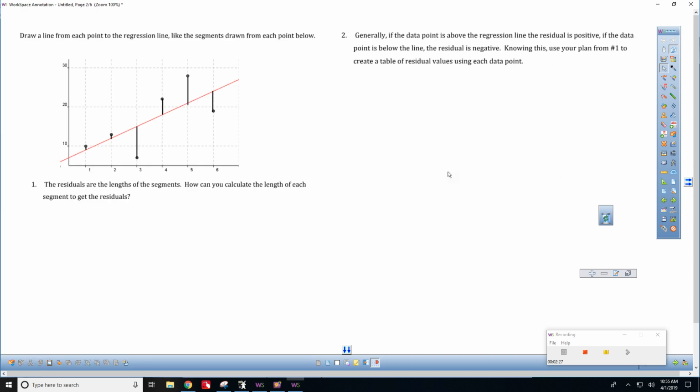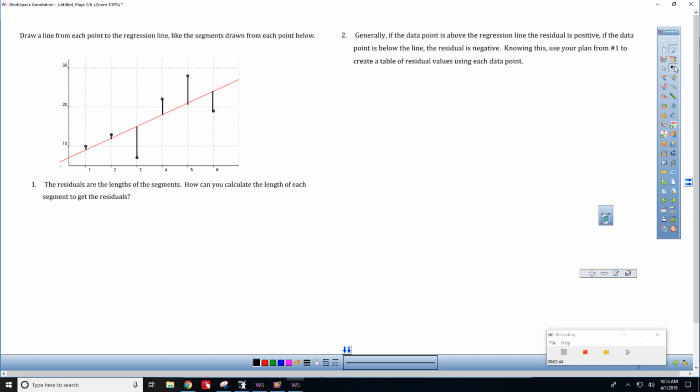All right, now it says to draw a line from each point to the regression line. The segments are drawn below. So it looks like you're drawing vertical lines. The residuals are the lengths of these segments. How can you calculate the length of each segment, Carson?